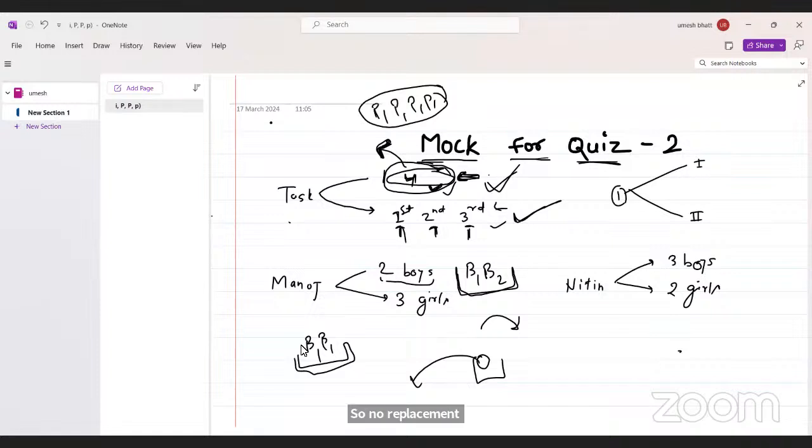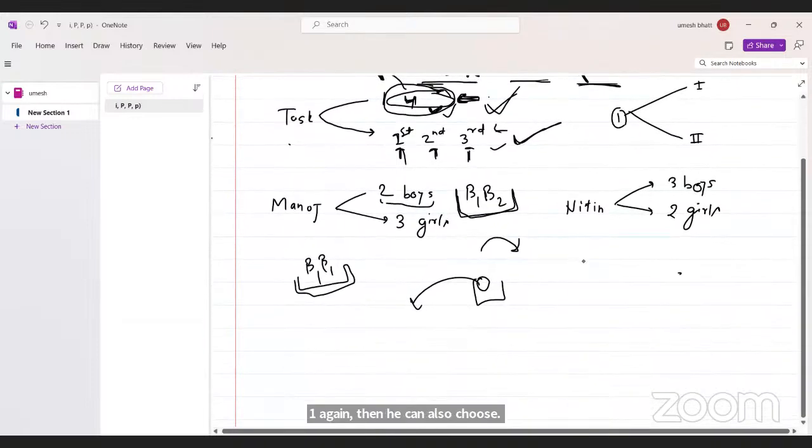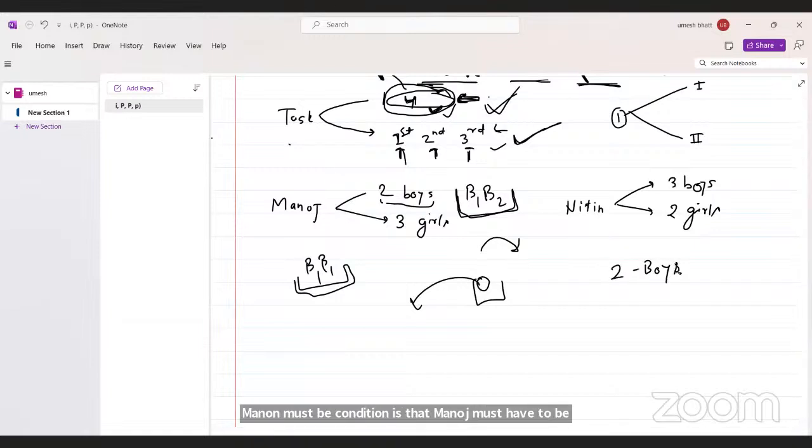Why? Because if Manoj replaces B1 again, then he can also choose it again. The condition is that Manoj must invite two boys, because all possibilities are there.